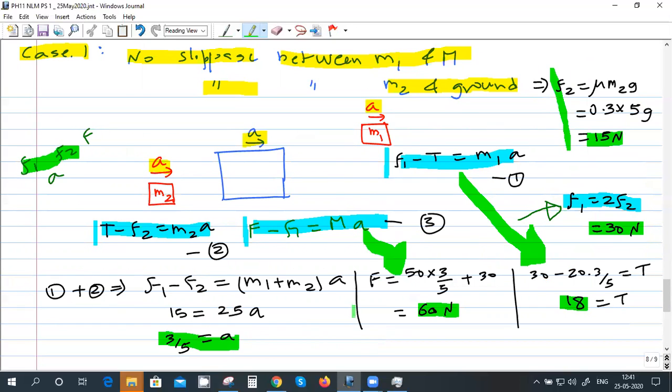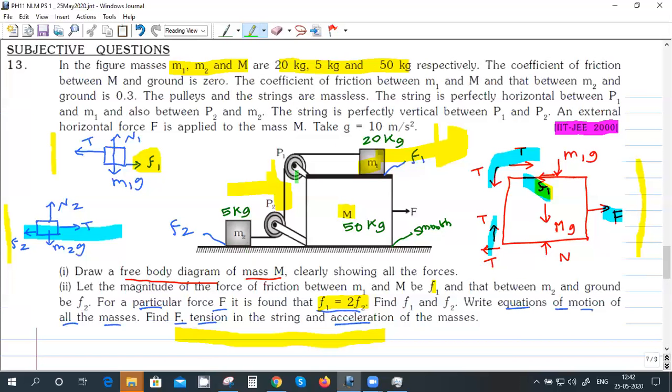So once we get the answer, we know this is the one that's happening. Because if this is not happening, then you will not get a correct, sensible answer. There will be some contradiction. Okay, so in the other case, there is slippage between M1 and capital M, and this capital M is moving towards the right.